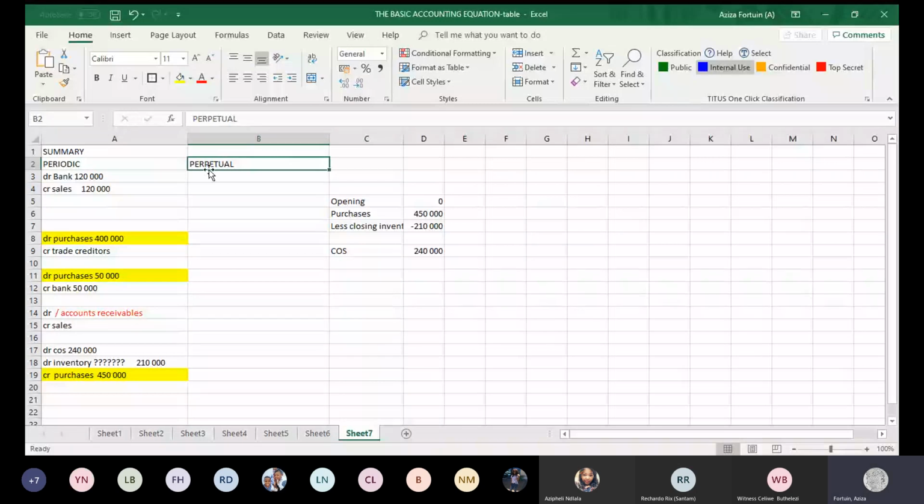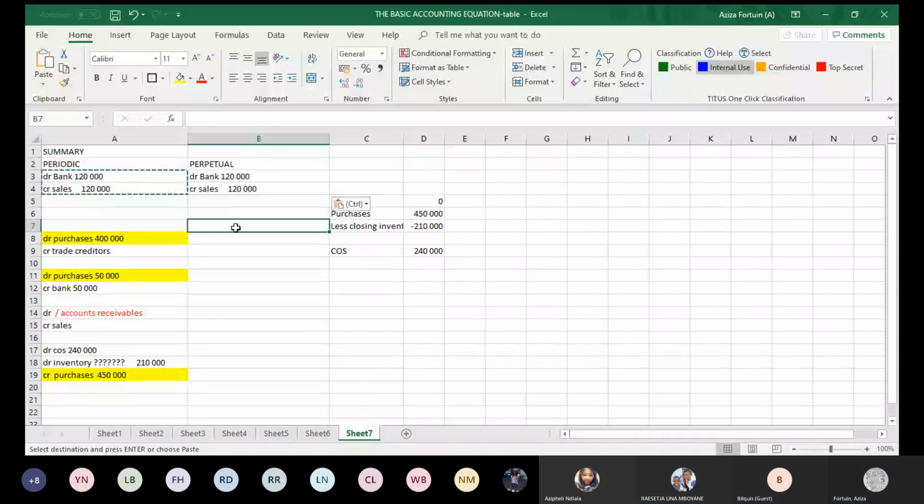If I made a sale, how would this affect the sale on a perpetual system? I think it's now that cost of sales is included. That would be step number 1: debit bank, credit sales. But we have to now, did they give us the cost of sales?